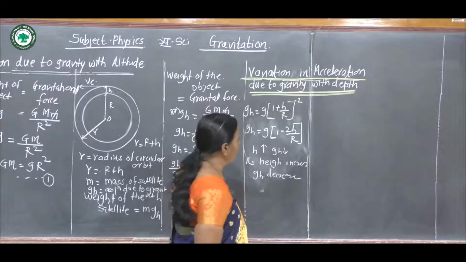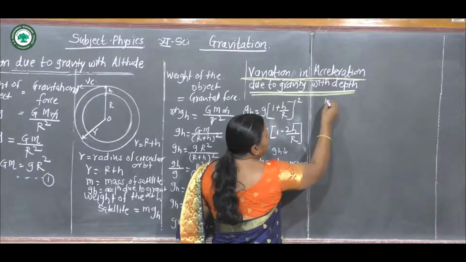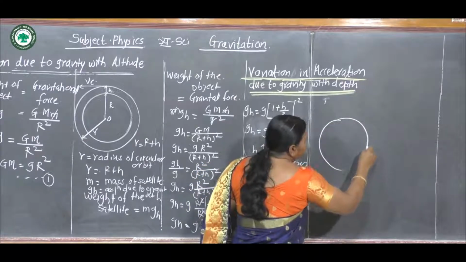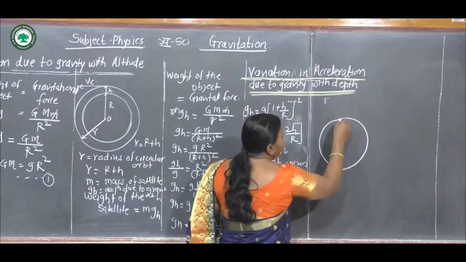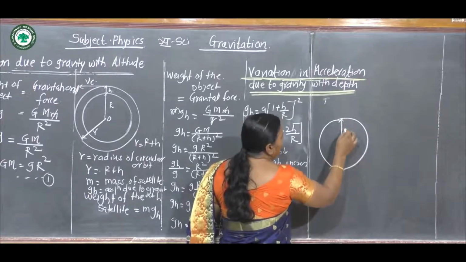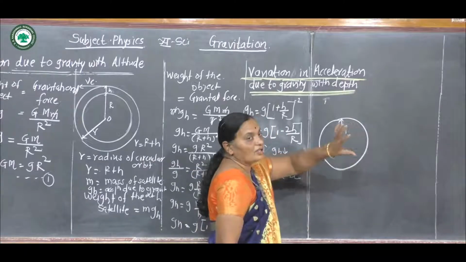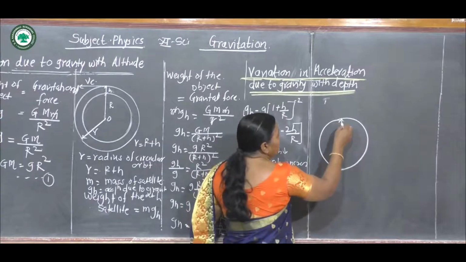Now in this case, again we consider at depth, suppose we consider here the Earth. Suppose this is the radius of Earth, R, and this is r. Again, consider the Earth is a sphere and it consists of concentric rings.